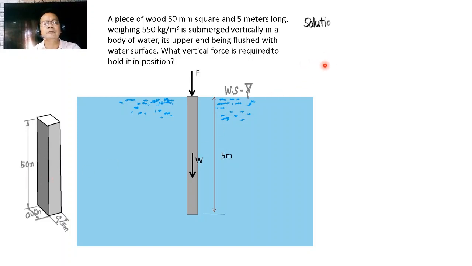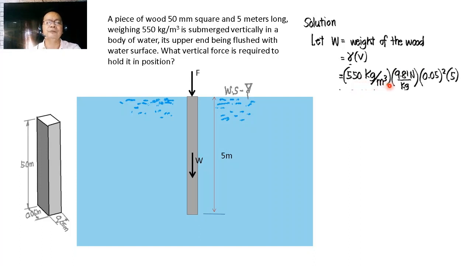So if we consider the weight of the block represented here by W, therefore this W will be equal to the unit weight of the block multiplied by its volume. But we are given that the density of the block is 550, so if we multiply it by the gravitational acceleration, that is 9.81, we shall find that the weight of the block will be equal to 550 multiplied by 9.81 Newton per kilogram multiplied by this volume, that is 0.05 squared multiplied by 5.